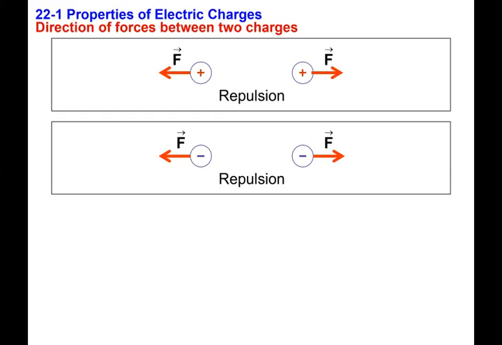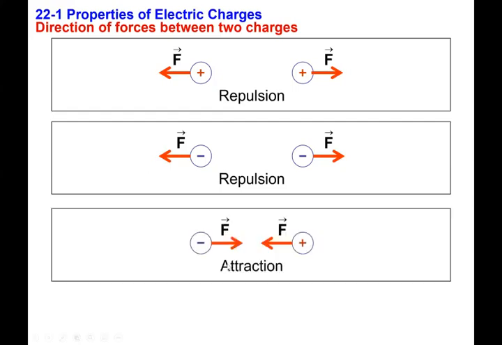Same thing, if you bring two electrons, two negative charges, they will repel each other with force. So this is a Newton's third law pair, because these forces occur in pairs. They are opposite in direction and equal in magnitude.